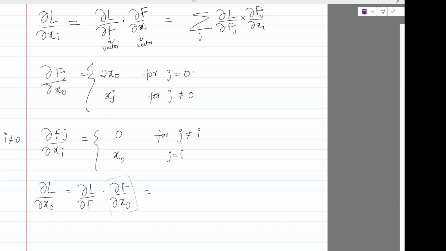This vector we will get from here. So it is del L by del f dot product with, what is the vector here? Two x naught, x1 till xn minus 1.